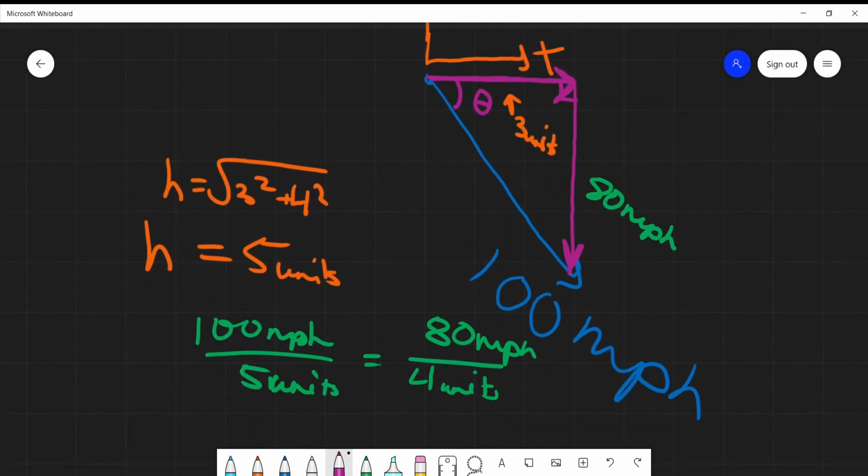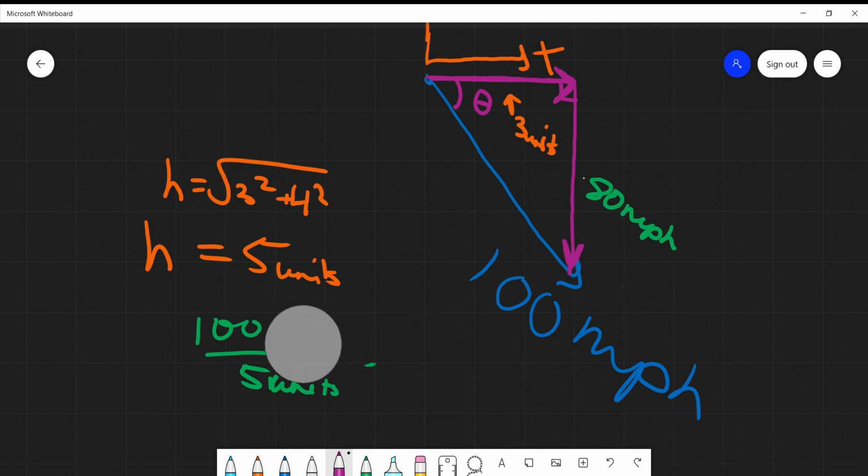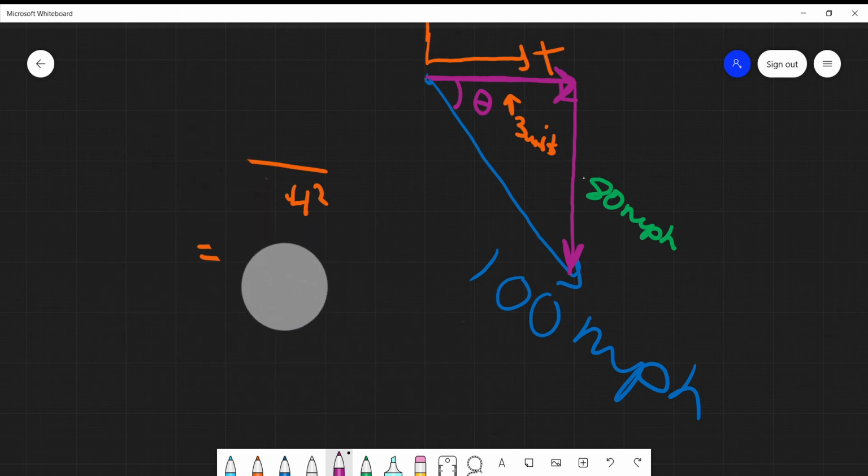Now this is one way to figure out what the vertical component is. And we could do this again for the horizontal, but I'm going to use a slightly different method that is more in line with what you will be doing down the road in future classes and generally in life. And that is, we're going to find what theta is.